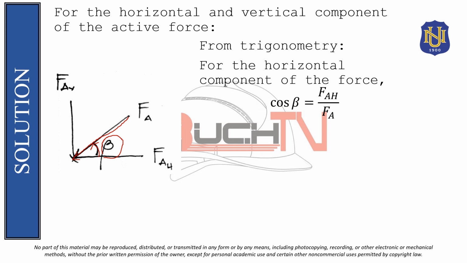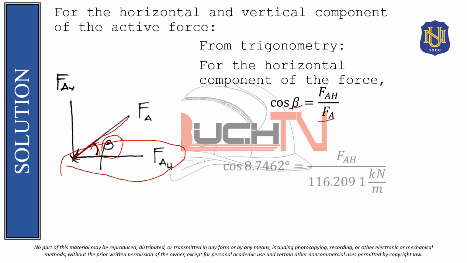The adjacent side coming from this figure is FAH. So that means we will have a cosine of beta is equal to FAH over FA. As you can see, we have the given beta, and we have F sub A, which is the active thrust or the active force on the wall.